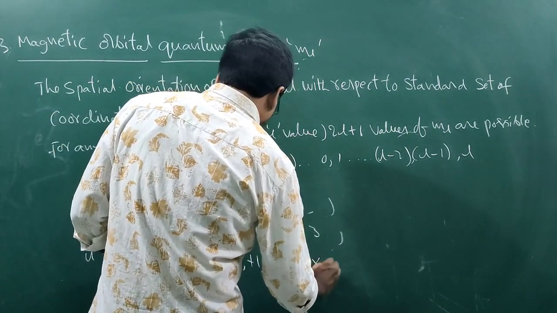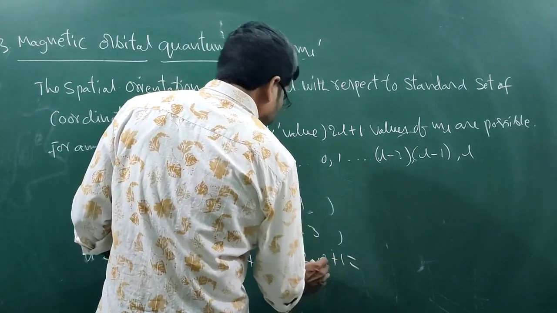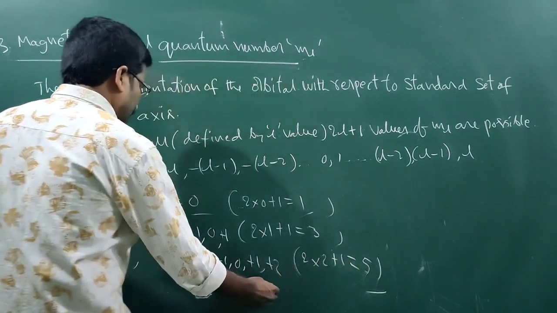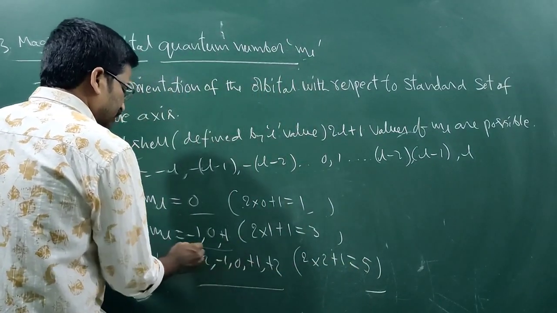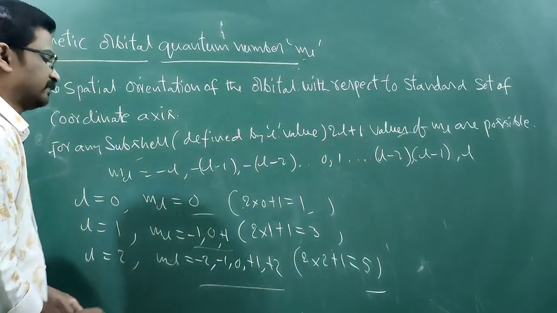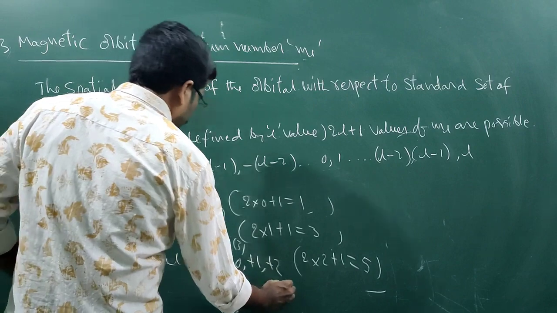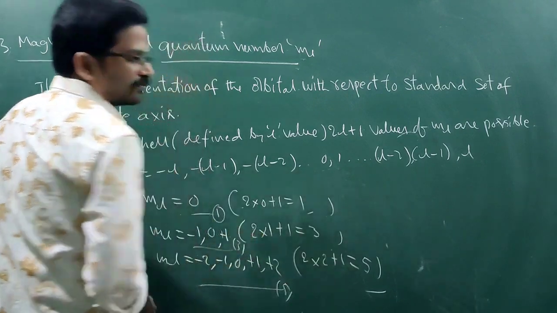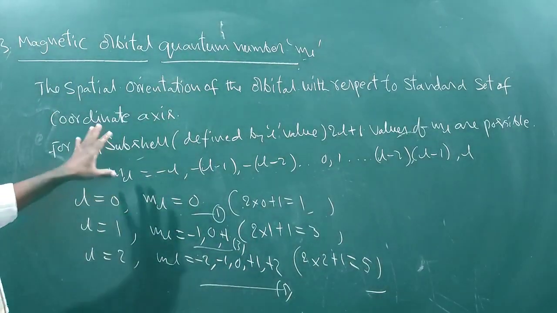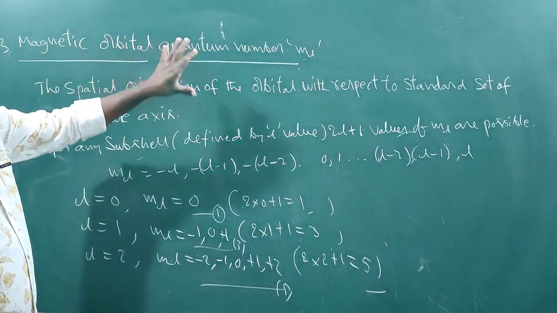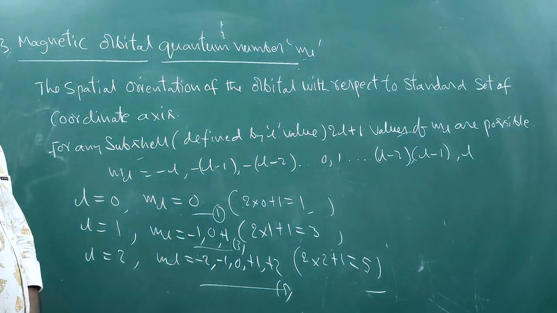Put here 2 into 2 plus 1, that is 4 plus 1, 5. That is the reason for 5 values. Here there are 3 values, here 1 value, and this one has 5 values. In this way you can understand the magnetic orbital quantum number ML.